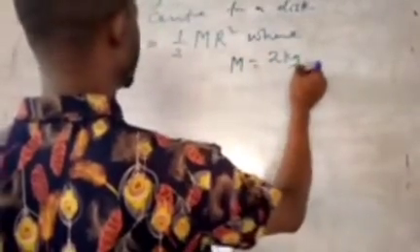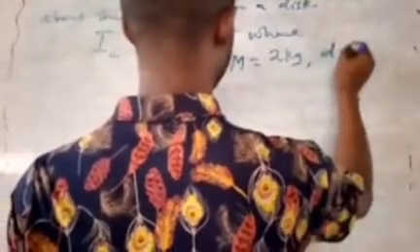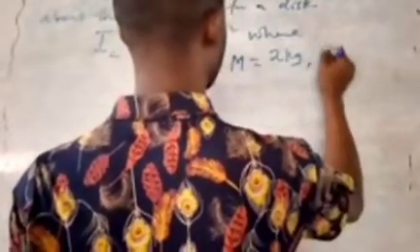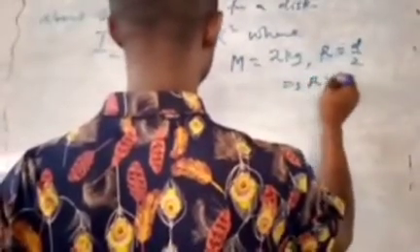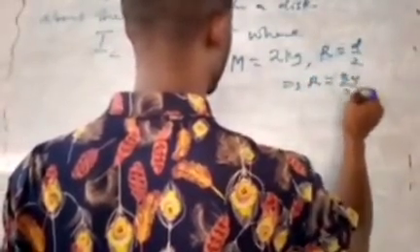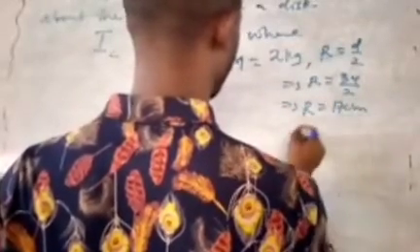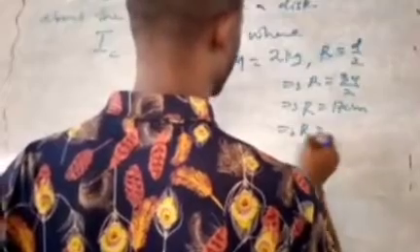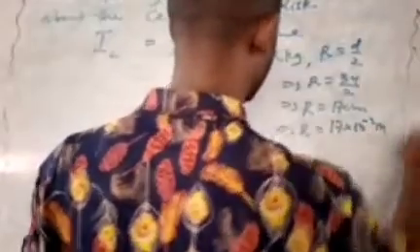The radius was not given, we are given the diameter D. Radius is equal to diameter over 2, which means our radius R will be equal to 34 over 2, which is 17 centimeters, so the radius in meters is 17 × 10^-2 m.